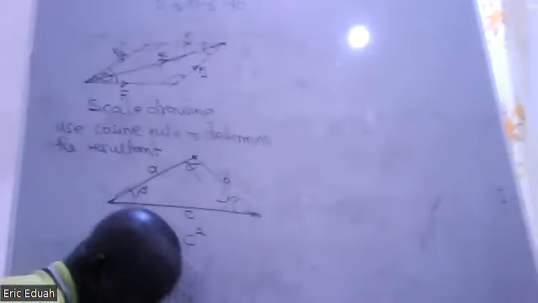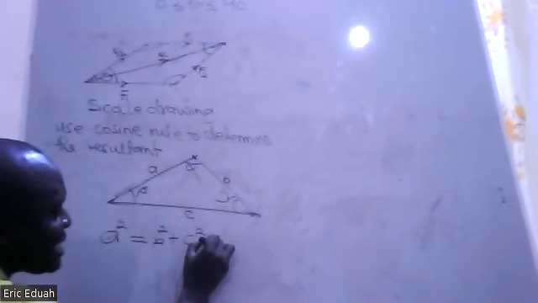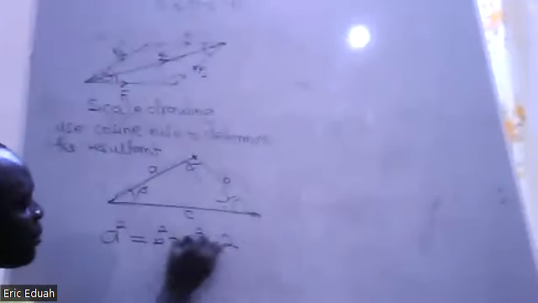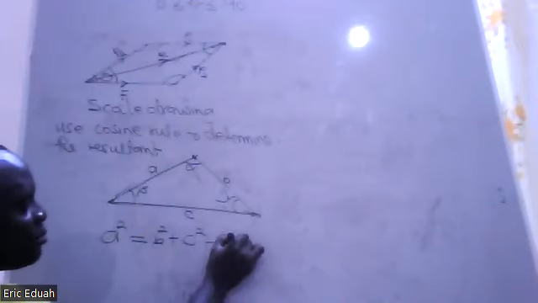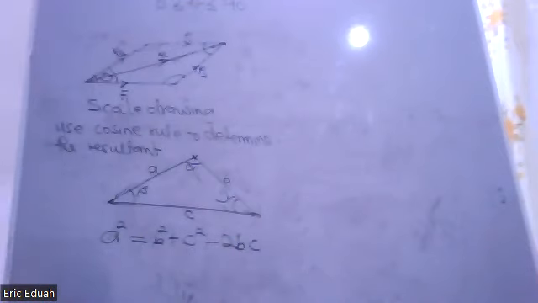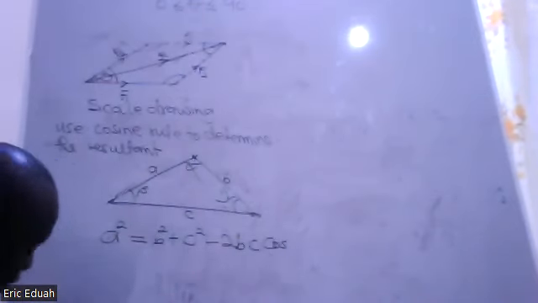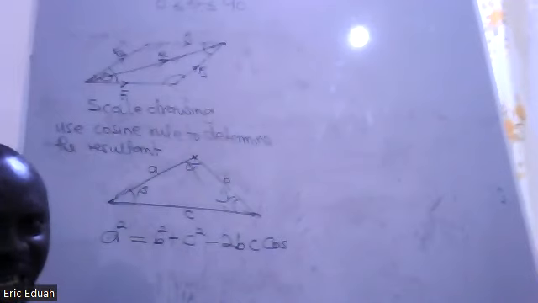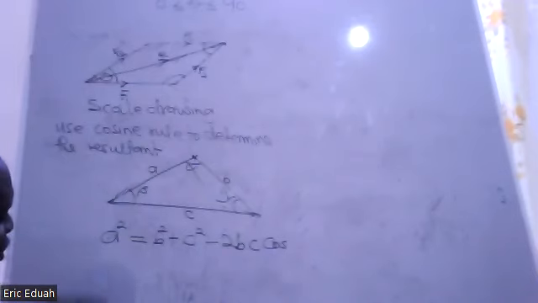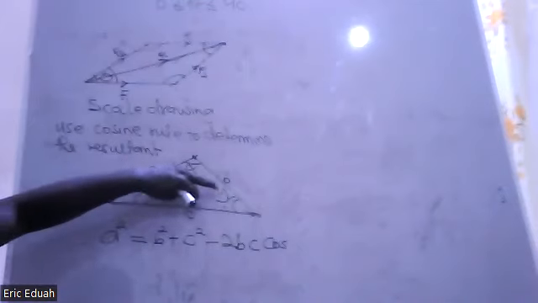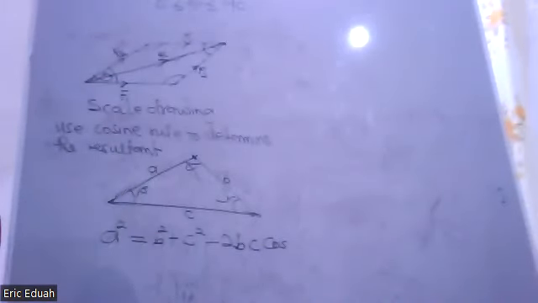But there is something added to it: minus 2 times the product of the two sides, B and C, times the cosine of the angle opposite to the side that we are looking for. And we are looking for the side A. So which angle is opposite to the side A? What is the angle opposite to the side A?